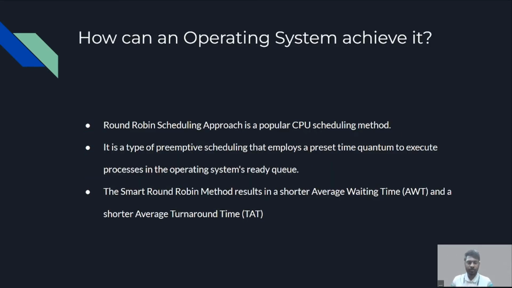So moving on, how can an operating system achieve it? With the help of the round robin scheduling approach, where round robin will collect all the operations in a queue, which follows first in, first out.